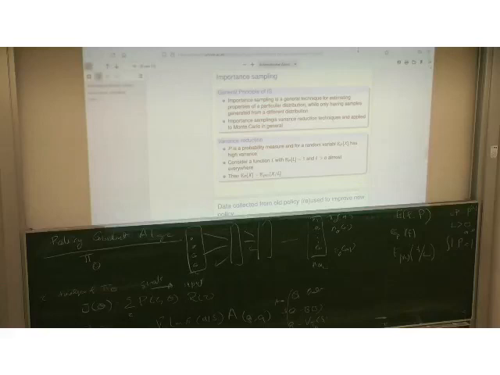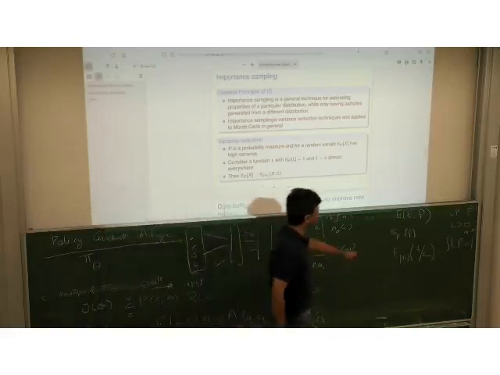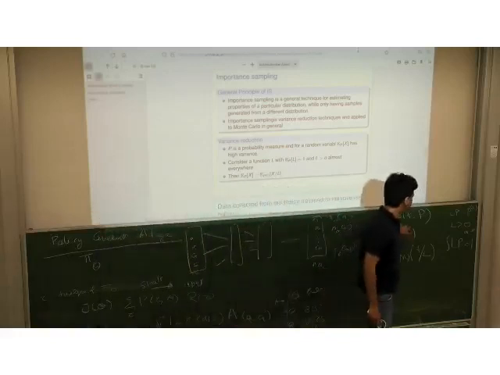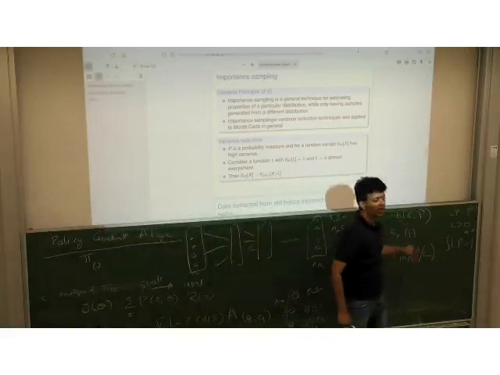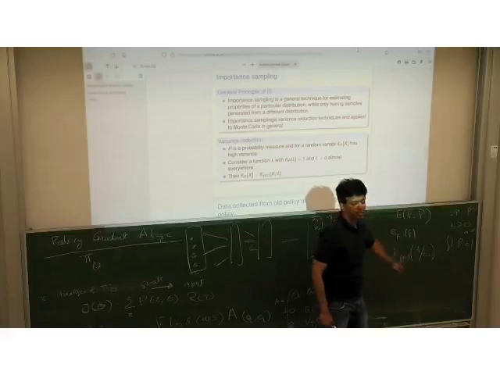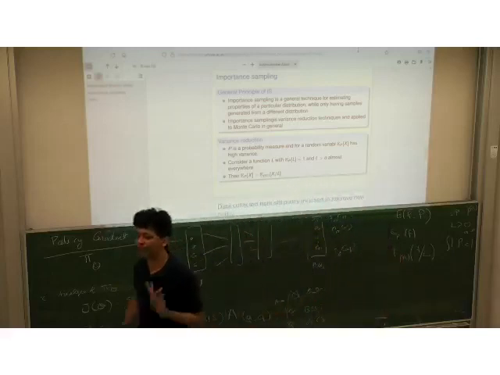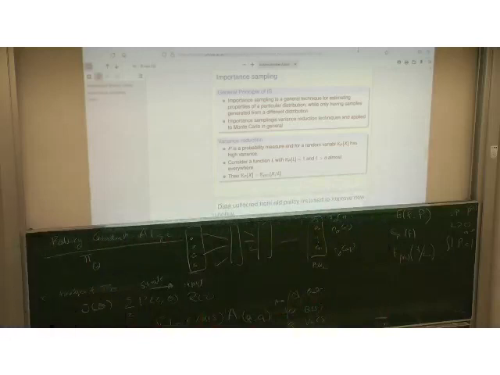So if you want to reduce variance, this is a classical technique. What you're interested in is the integration with respect to this probability measure, but you end up doing sampling with respect to a different probability measure, because that one is easier. This is a classical idea called importance sampling.